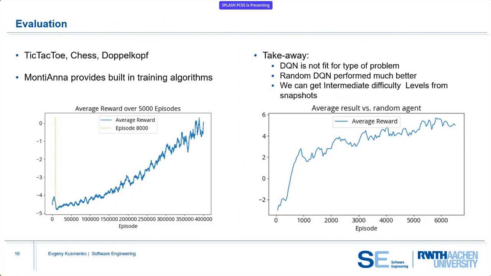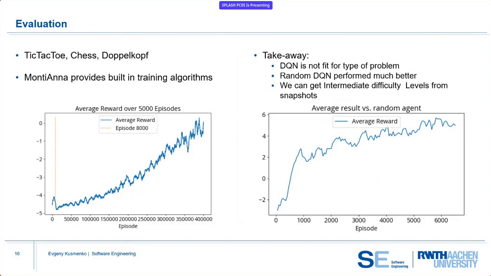At first glance, it looks as if the agent would learn very well, but if we look at the rewards on the y-axis, we realize the rewards are pretty much negative and converge to zero, which means using DQN, we only achieved that our agent was able to produce legal moves, which led the agent basically to always draw at best.